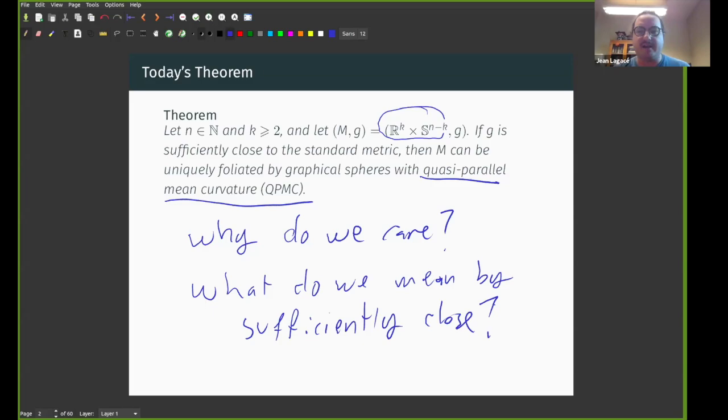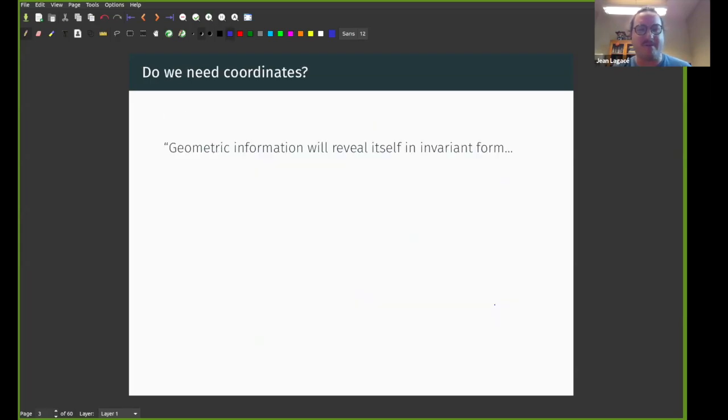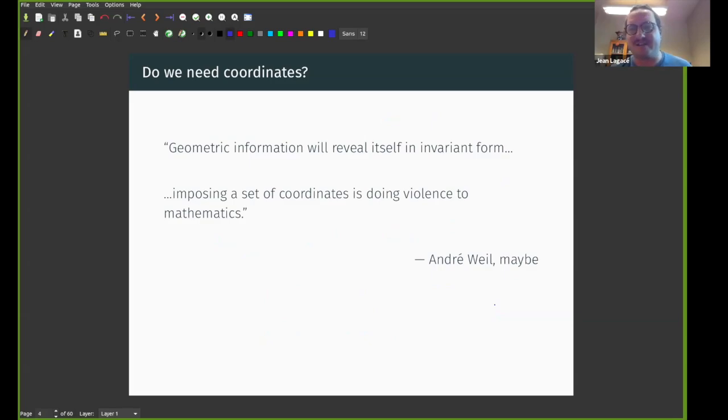Let me start with this apocryphal quote that I've seen attributed to André Weil, or at least that's what my differential geometry professor, when I was learning this, told us it came from: that geometric information will reveal itself in invariant form, and that imposing a set of coordinates is doing violence to the mathematics. I say André Weil because that's who the quote was attributed to, but when I was looking for a reference, I couldn't find it, so I guess it's apocryphal.